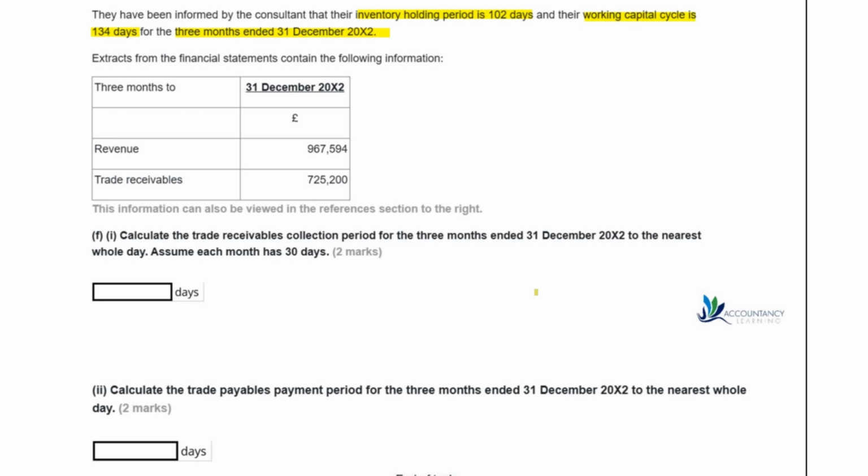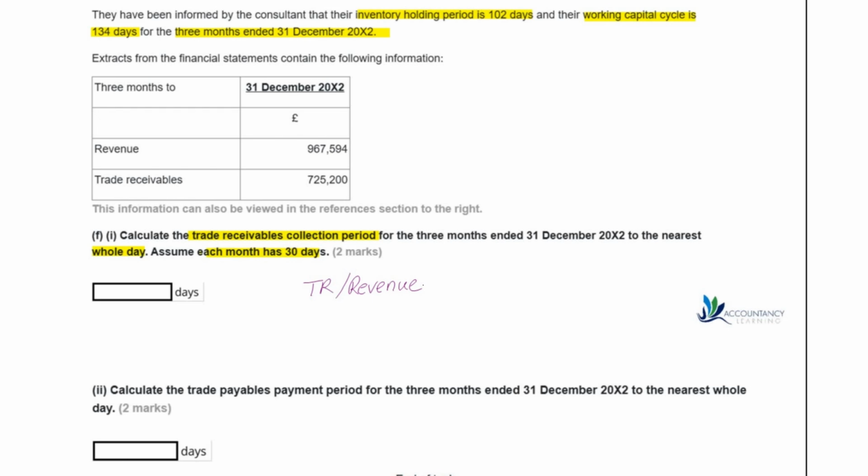The first part of the question is we need to calculate the trade receivables collection period for the 3 months ending the 31st of December 20x2 to the nearest whole day. And we need to assume each month has 30 days. So what's our formula for the trade receivables collection period? We are going to have our trade receivables figure and we're going to divide it by our revenue.